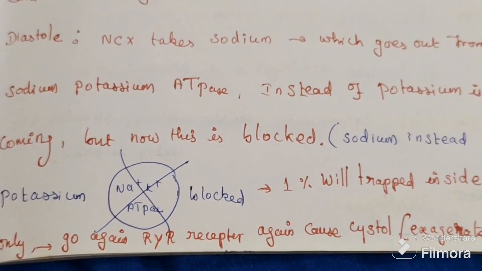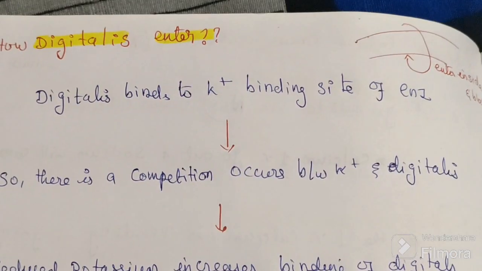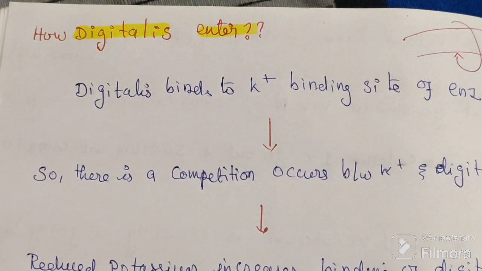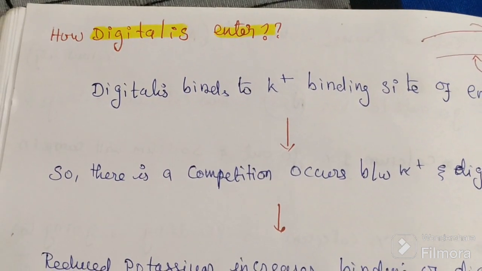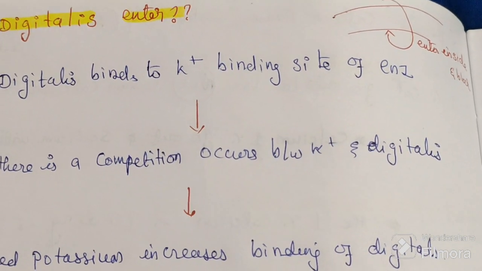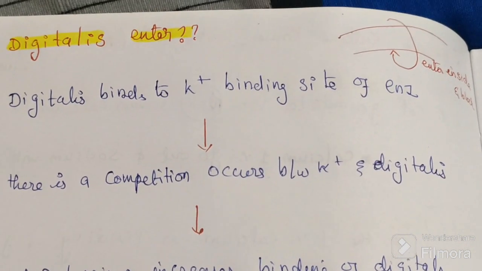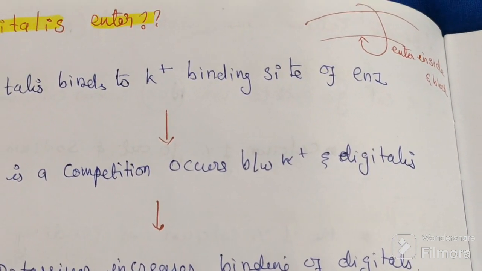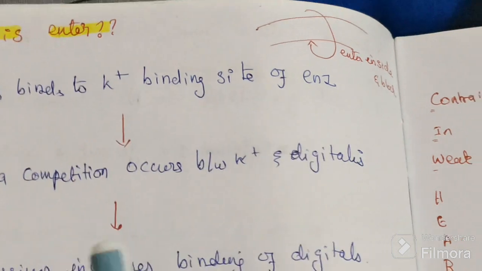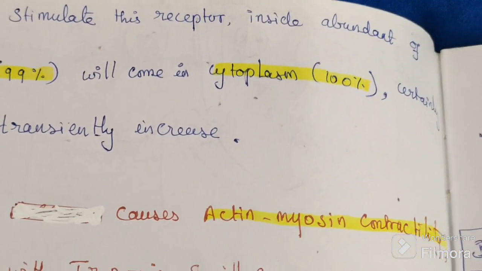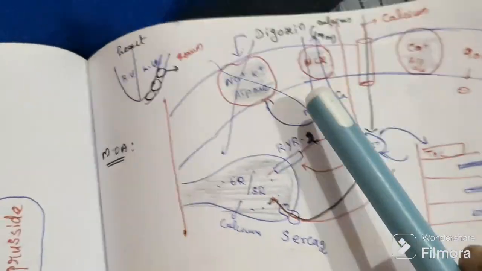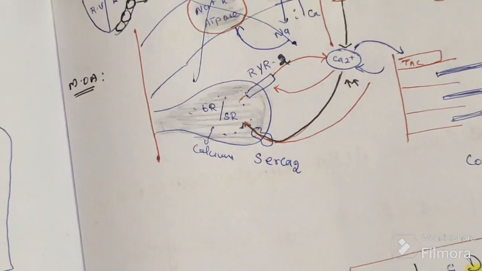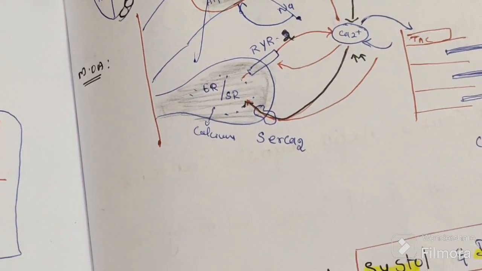How does the digitalis drug enter now? There is a problem. Okay, so this digitalis blocks this receptor from the inside only, it cannot block from outside.